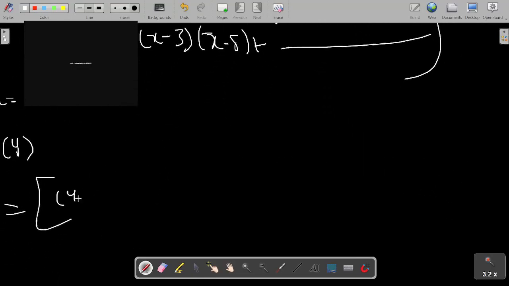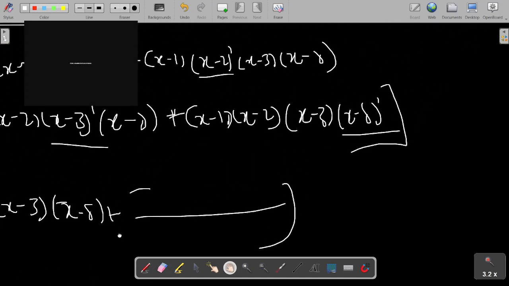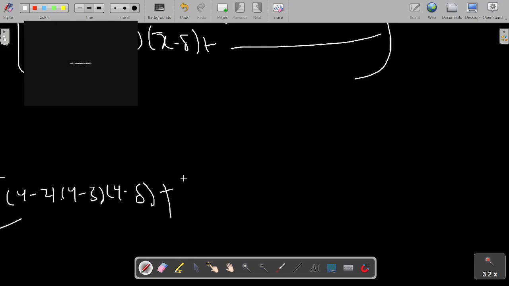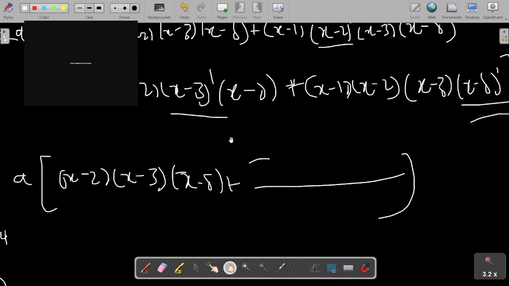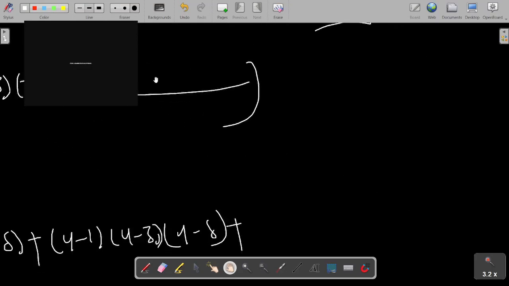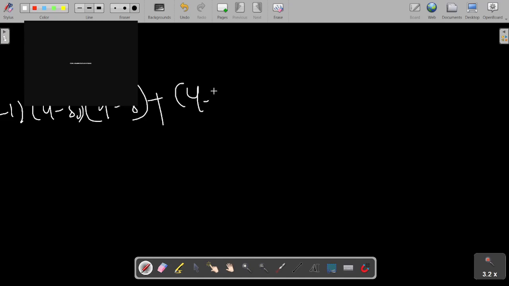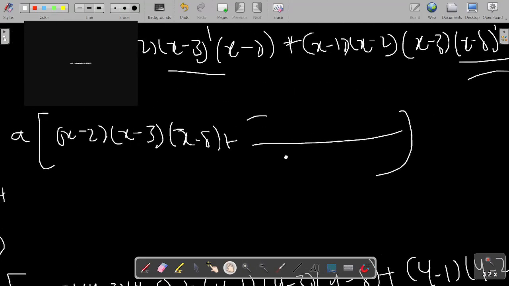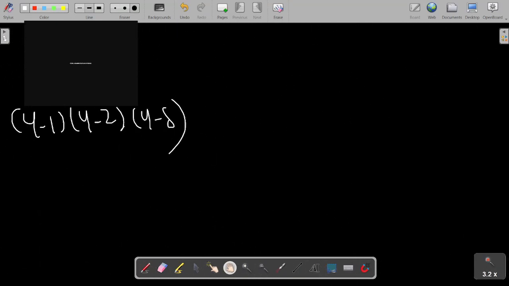So this becomes 4 minus 2 times 4 minus 3 times 4 minus delta, plus 4 minus 1, 4 minus 3, 4 minus delta, plus 4 minus 1, 4 minus 2, 4 minus delta, plus 4 minus 1, 4 minus 2, 4 minus 3.